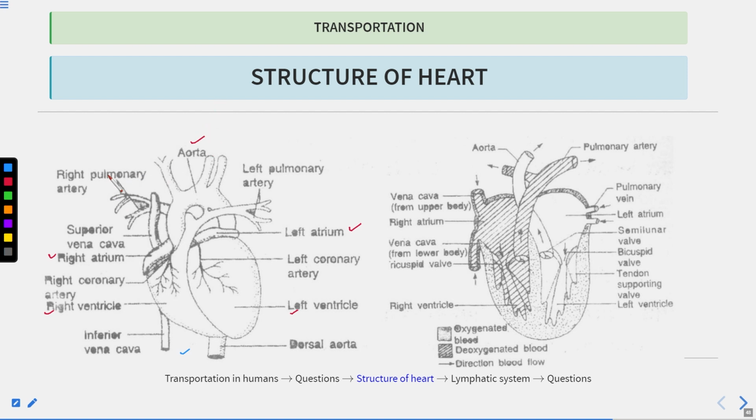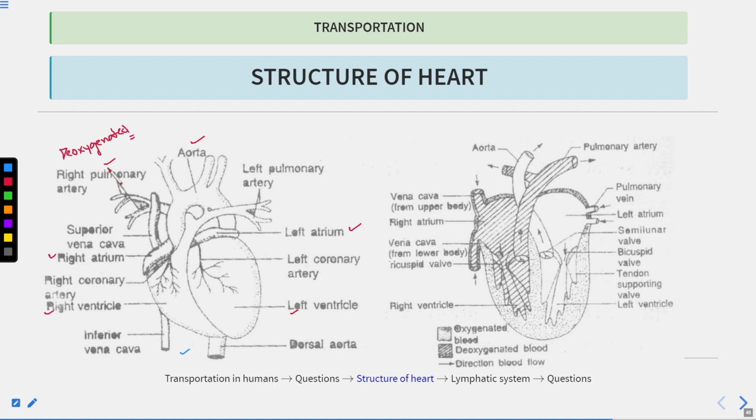Then you can see here the pulmonary artery. An artery usually carries oxygenated blood, but here the pulmonary artery carries the deoxygenated blood, or you can say blood which is poor in oxygen.